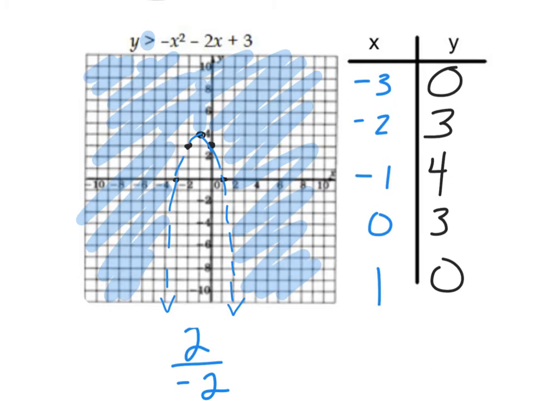The other way I can do this is to test a point. If I were to plug in the point 0, 0, I can see on my graph that it is inside my parabola. If I test it algebraically, I get this statement here. 0 is greater than 3.